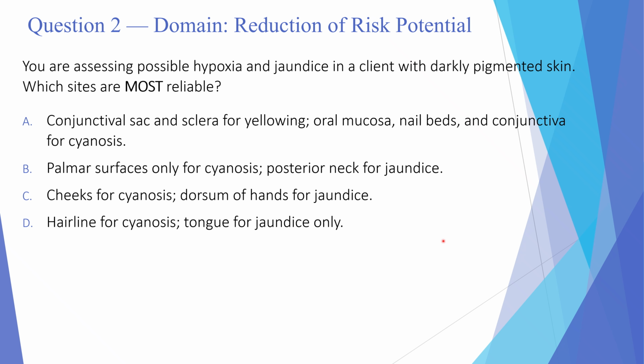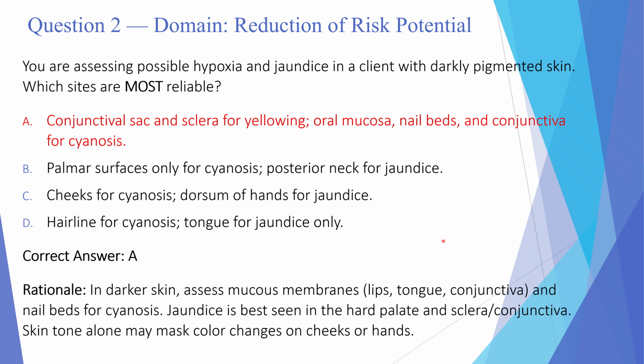It's a little bit odd, but the answer is conjunctival sac and sclera for yellowing; oral mucosa, nail beds, and conjunctiva for cyanosis. So in darker skin, assess mucous membranes, lips, tongue, conjunctiva, and nail beds for cyanosis.